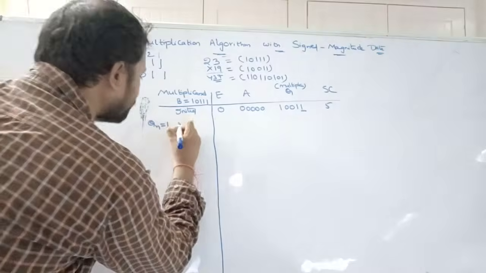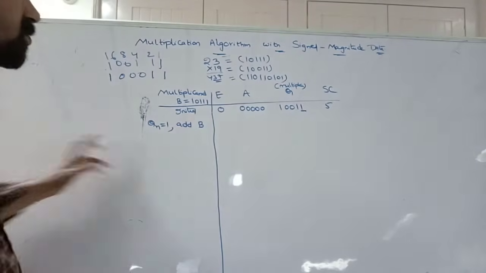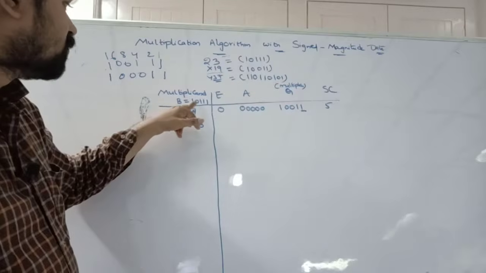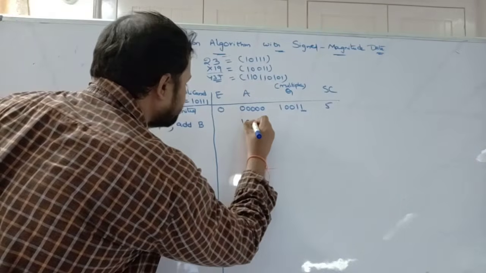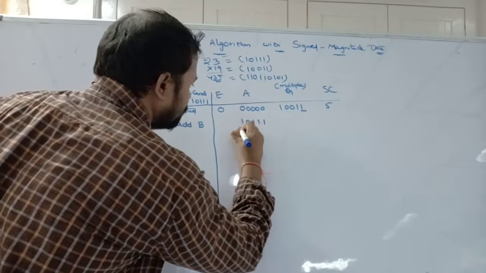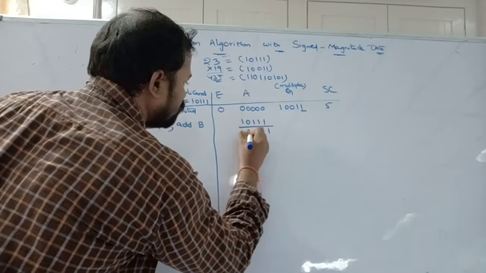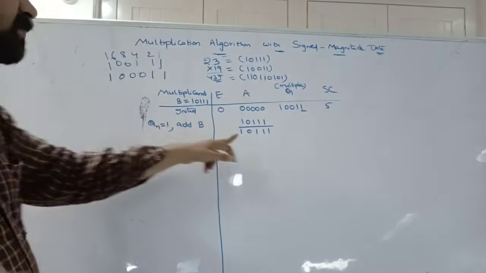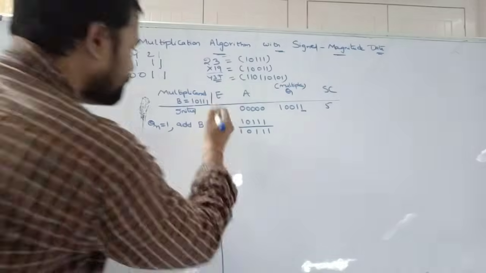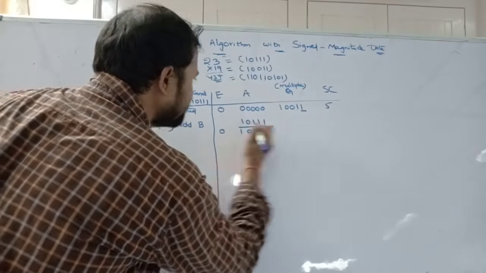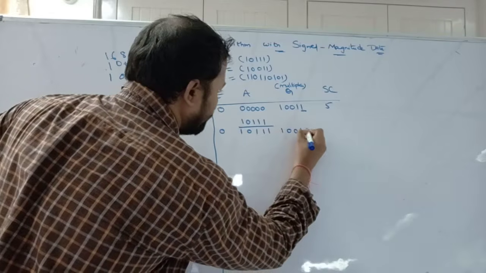So if Qn is equal to 1, then add multiplicand to A. So what is multiplicand here? 10111. So add this one to A, 10111. So if we add, then what is the result? 10111. So this is nothing but first partial product. And what are the remaining bits? The value of E is 0 and multiplier there is no change, 10011.